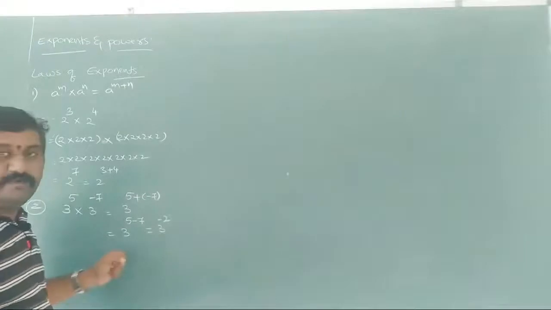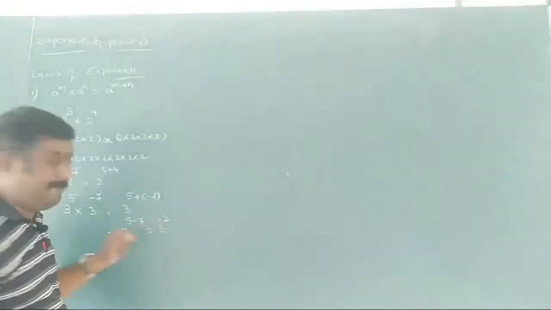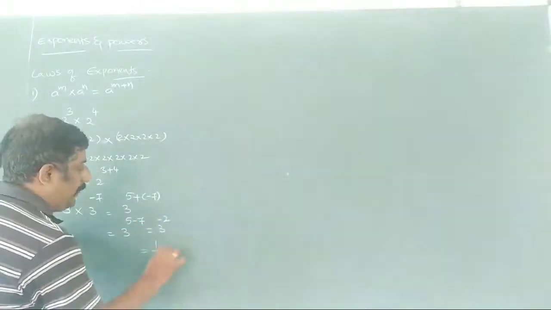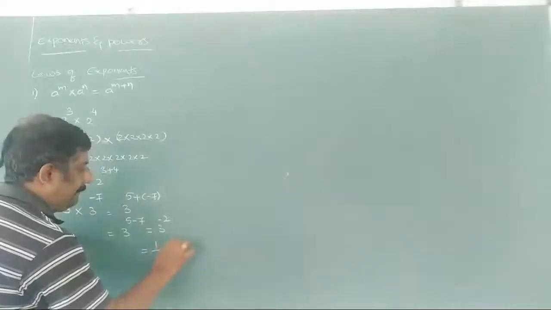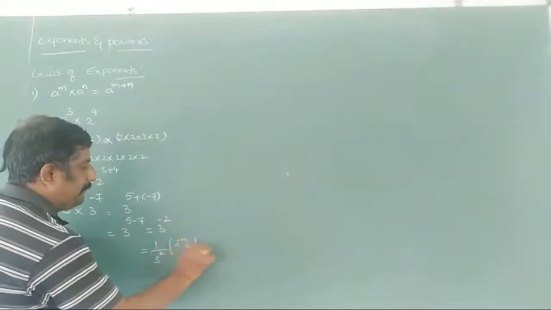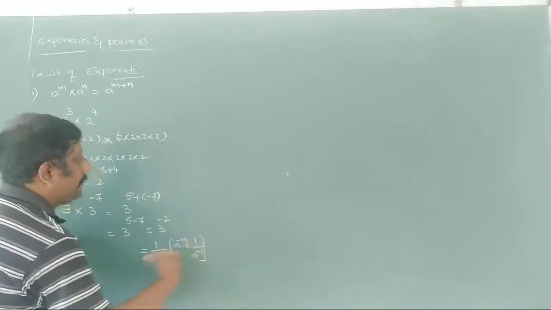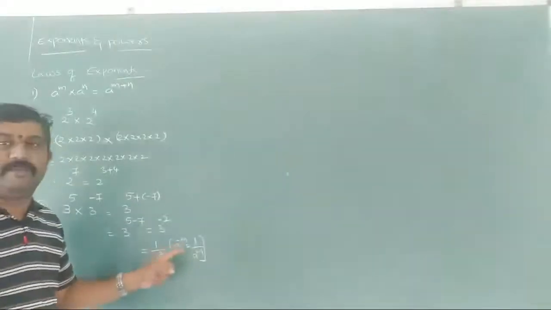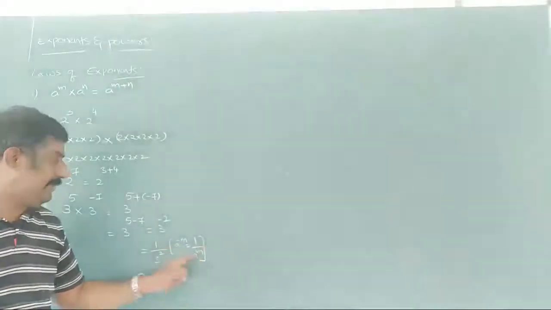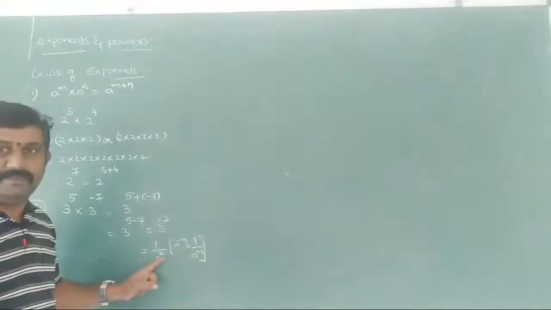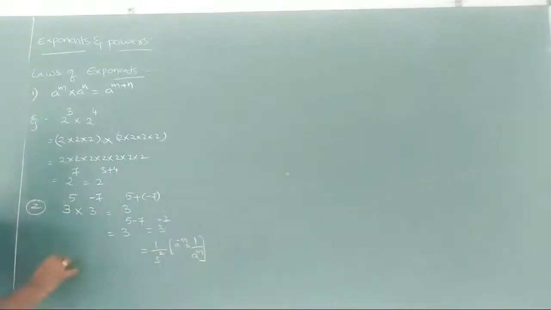Already we discussed that a to the power of minus m can be written as 1 by a to the power of m, so this is 1 by 3 square.